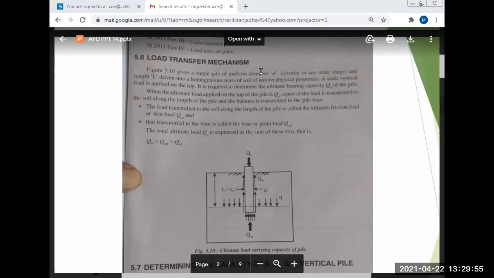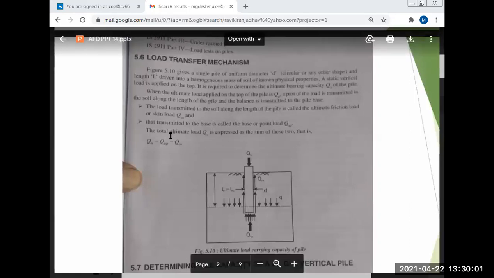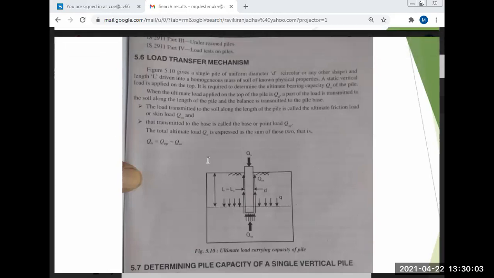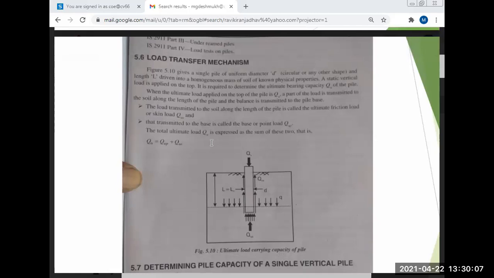So total ultimate bearing capacity is equal to QUP plus QUS. This you should know. So whenever the pile is designed, first you find QUP, then you find QUS, which is also called QF. Again and again I am telling you. So you add those, and that is going to be the ultimate bearing capacity.